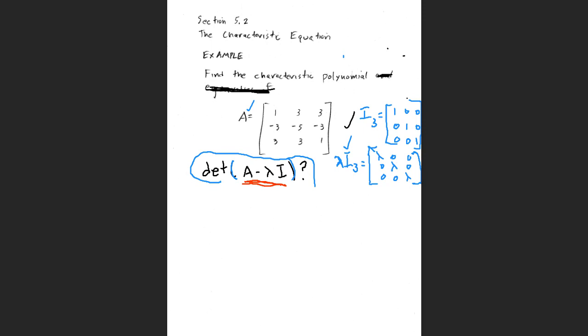Now, for this kind of situation, it's going to be difficult to compute the determinant using row operations and determinant properties. It's going to be much easier to compute this determinant using just straight cofactor expansion. So let's go to the next page here.